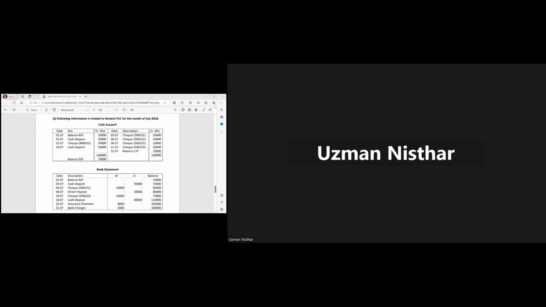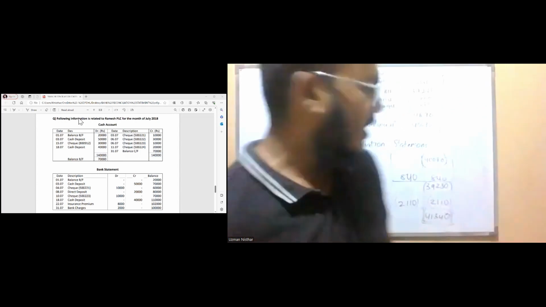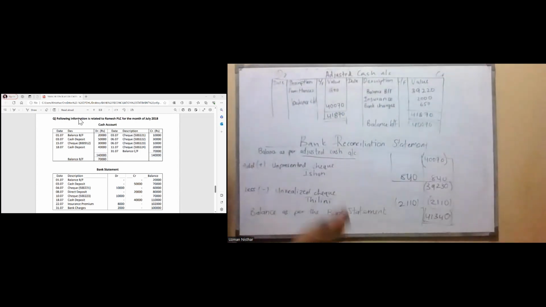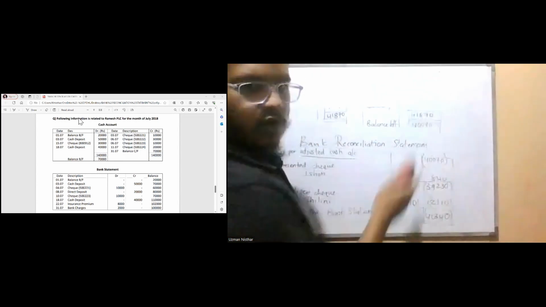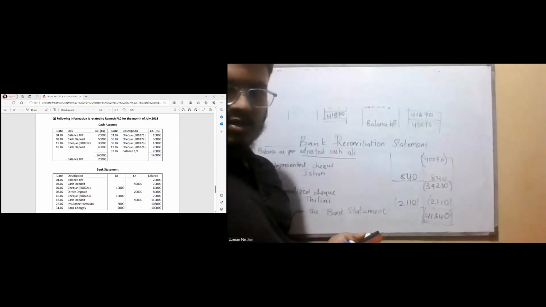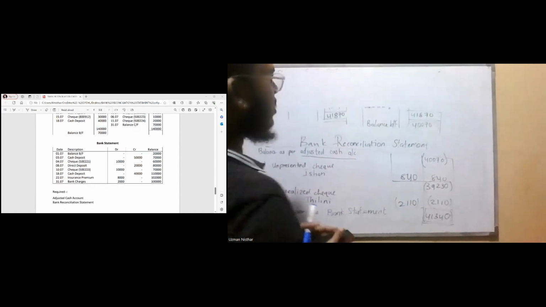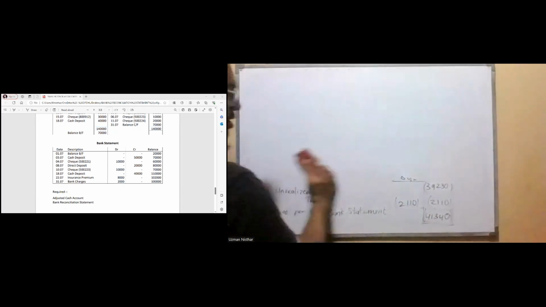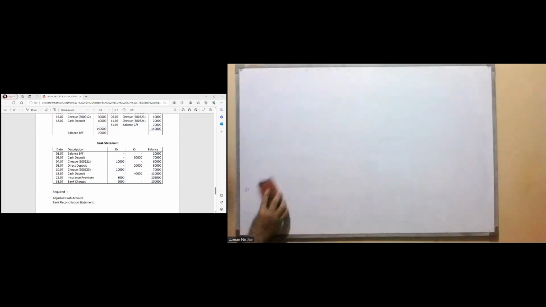So they have given the cash account and the bank statement again. The requirement is to prepare the adjusted cash account and the bank reconciliation statement.